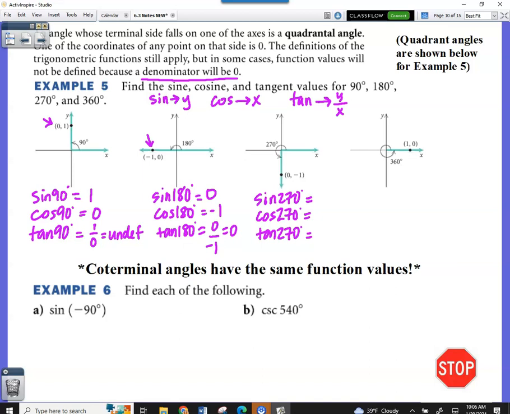So you would think, what are the coordinate points of an angle down there? It would be 0, -1. So sine is the y-coordinate, cosine is the x-coordinate, tangent is y over x, which is undefined. Just remember, if 0 is underneath, it's undefined. It's a no-go.